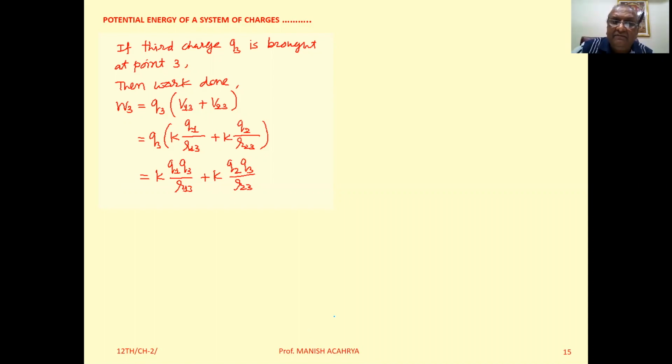So we can write the potential of charge Q1 at point 3, that is V13. Then the potential of charge Q2 at point 3, that is V23, into Q3.